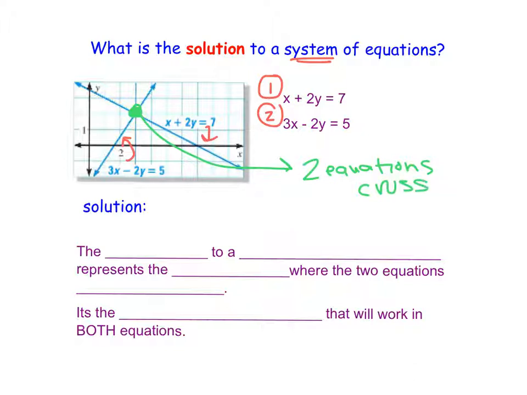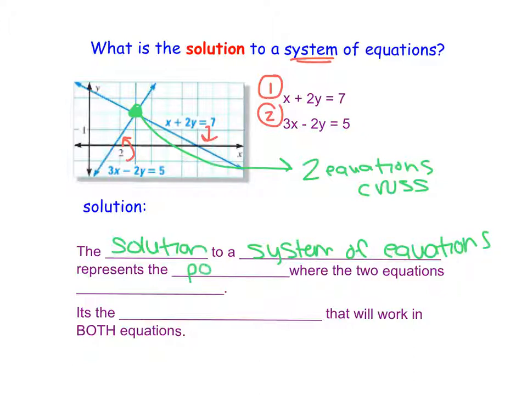When we're solving a system of equations, this is ultimately what we are going to find. The solution to a system of equations represents the point, you'll notice that it's a point, where the two equations intersect or cross.